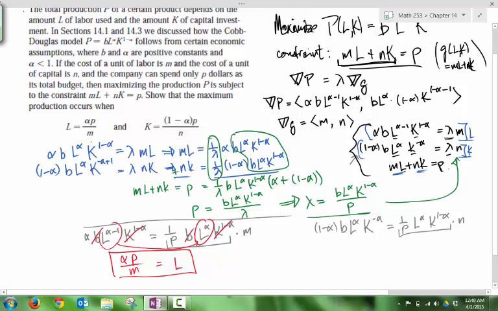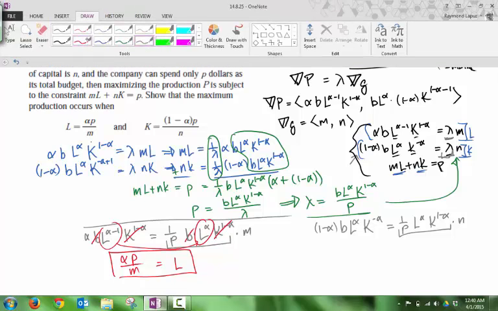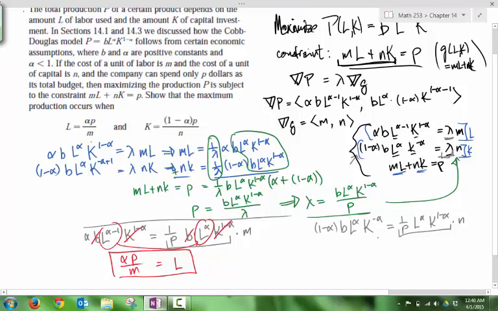Again, this is lambda times n. So we see things canceling again. We have, oops, I forgot the b over here. Oops, I mean this b over here. So let's put that back. That came from the lambda.